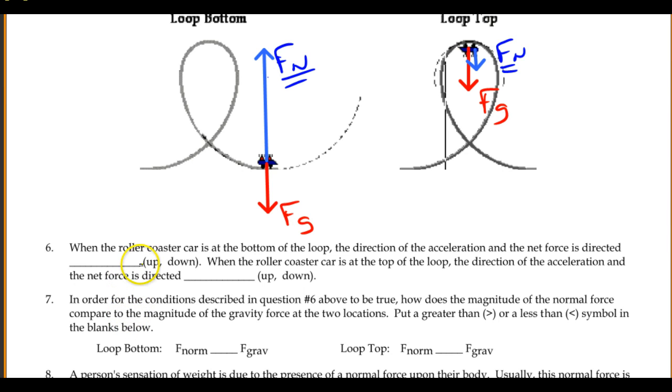Okay, so when the roller coaster is at the bottom of the loop, the net force, the acceleration must be up. When it's at the top of the loop, they must be down, because that's the way you need to have it to move toward the center of the circle, the center being here and here. Net force has to be up when you're at the bottom of the loop to get toward the center, and it has to be downward when you're at the top.